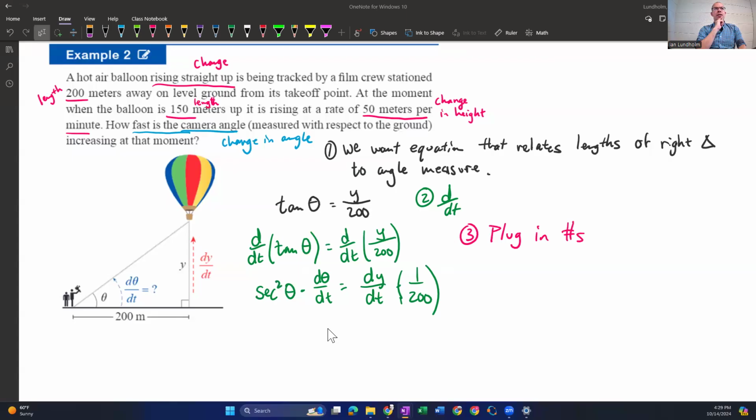We've got a 200 and a 150, and we've got a 50 meters per minute. The 50 meters per minute goes into the change of height, and that means we're going to be measuring things in meters per minute now.